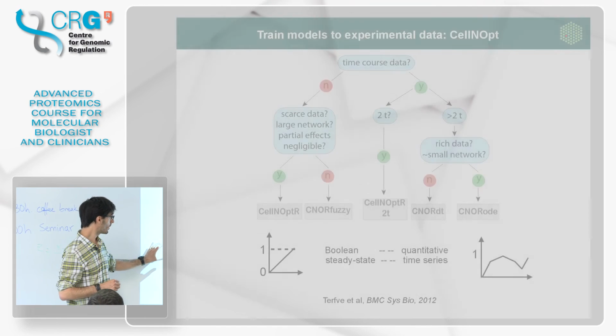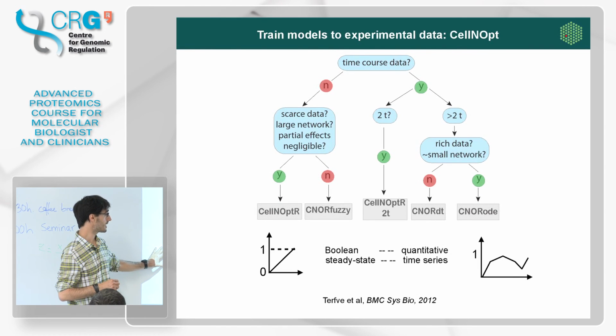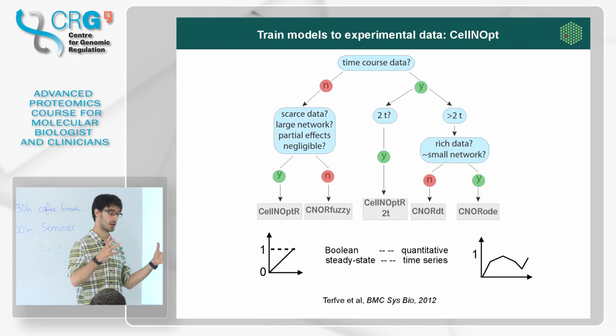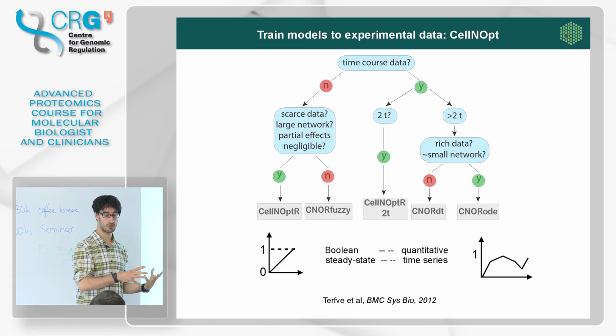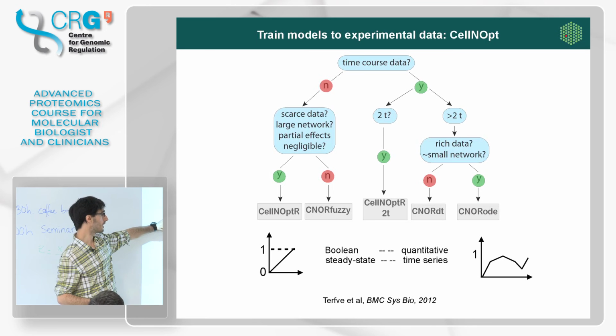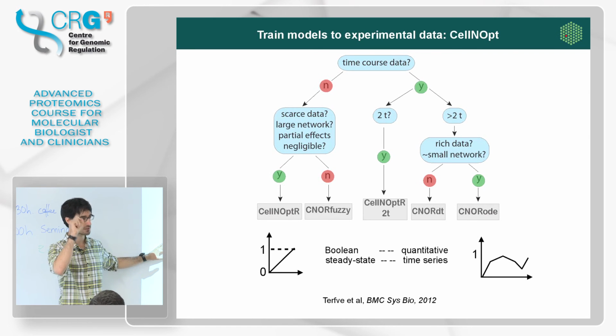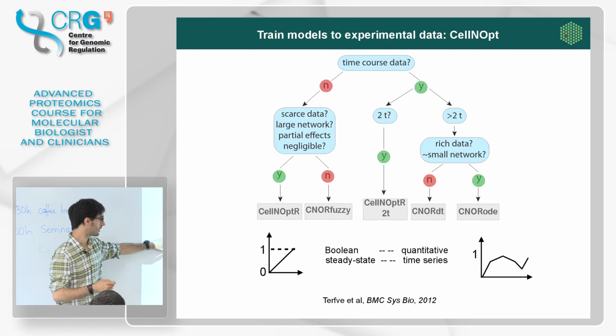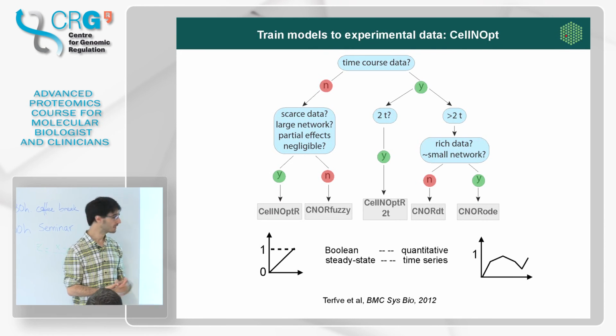So when you have scarce data, or a small amount of measurements compared to how big your network is, and these partial effects, these intermediate values, are negligible, or you're not interested in seeing these specific simulations that go exactly to 0.8 in the slide before, then you might use CellNOpt-R.